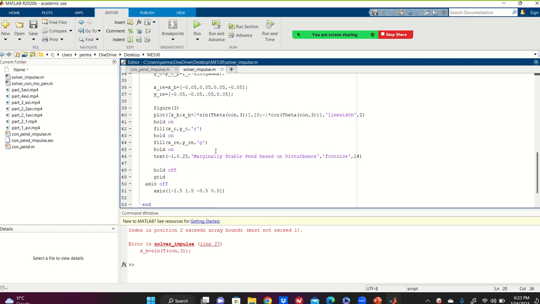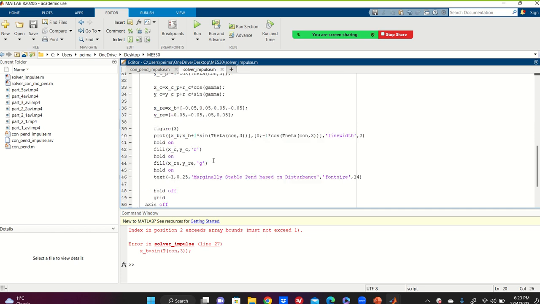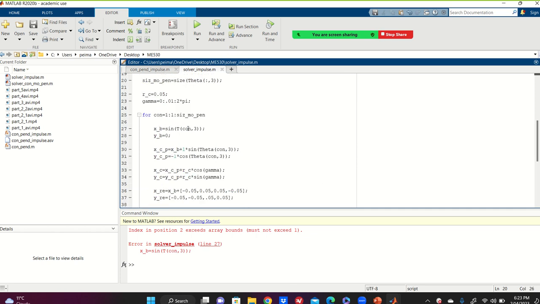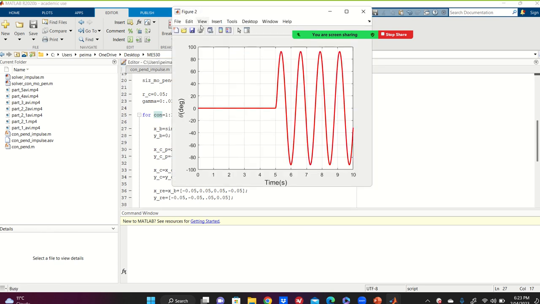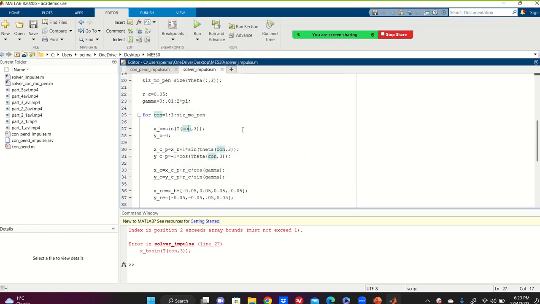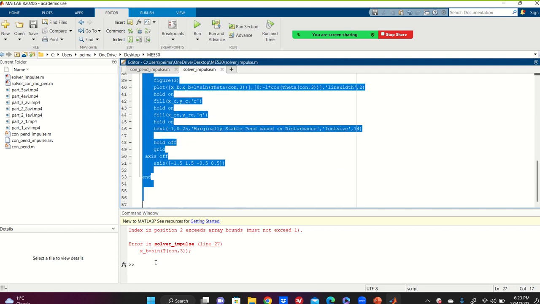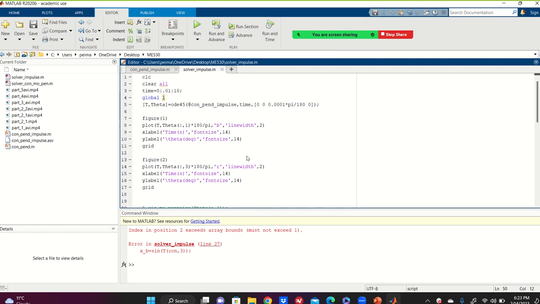Three, 3. What is the exceed? Oh, these are moving pendulum, guys. So I cannot simulate this for that. I'm sorry, I think these are moving pendulum. Okay, forget about this. Yeah, with the disturbance. Okay, I cannot do that.